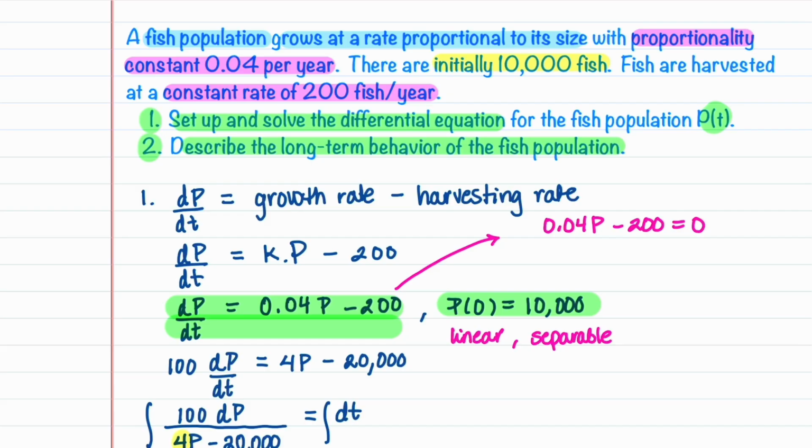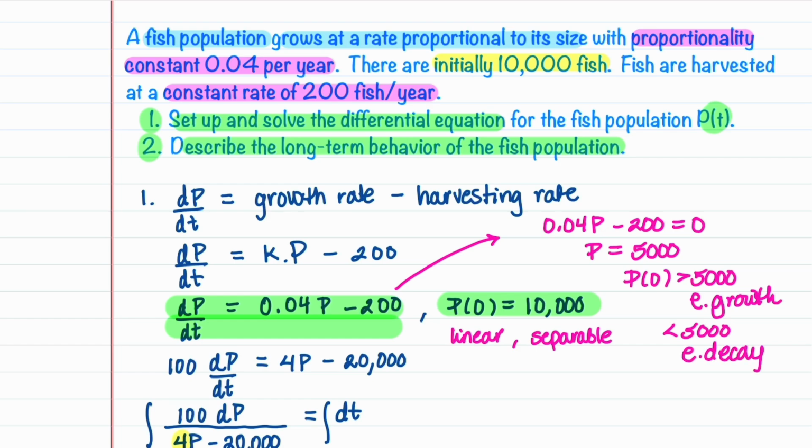If we solve this for P, we get that P is equal to 5,000. This tells us that if our initial population is greater than 5,000, we're going to have exponential growth. And if it's less than 5,000, we're going to have exponential decay, and our population will become extinct.